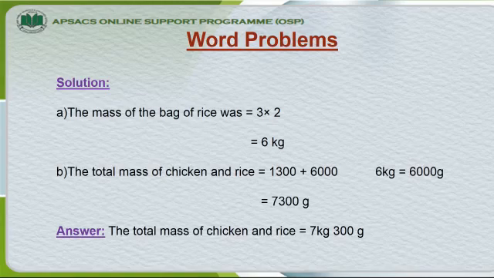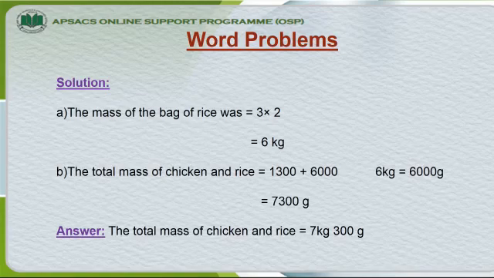Now in part B, we have to find the total mass of chicken and rice. We know that the mass of the chicken is 1300 grams, and the mass of the bags of rice that I have calculated above is 6 kg. But we cannot write two different units at a time in an addition sum.